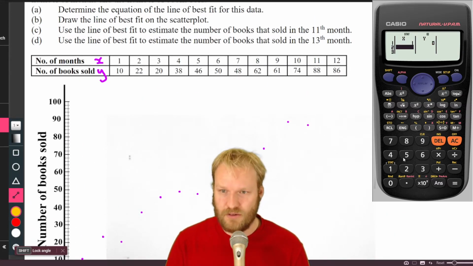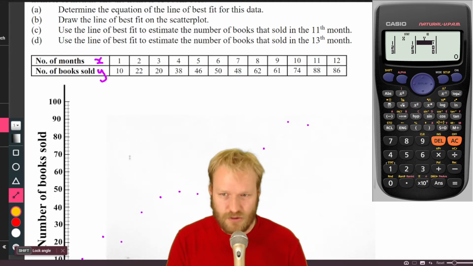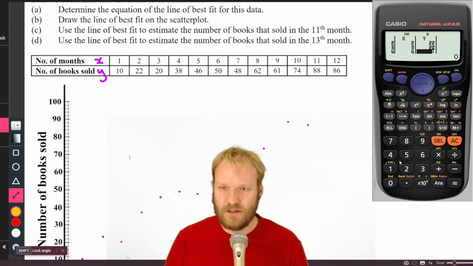So 1, 2, 3, 4, and so on up to 11, 12. Okay, and then on the y side, we've got all of those y values: 10, 22, 20, 38.